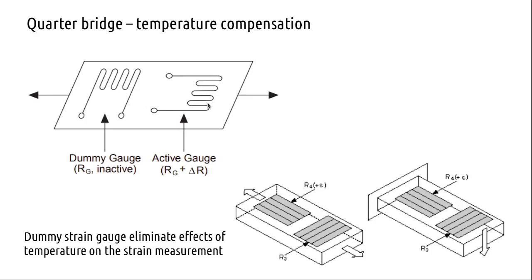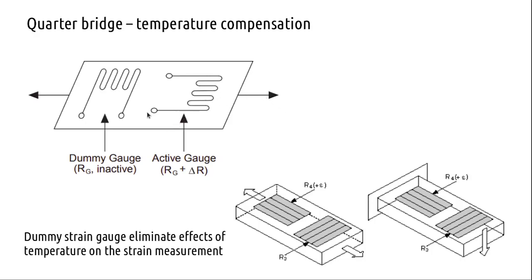In this case the active gauge is going to monitor the tensile strain along this horizontal direction. That is the direction of interest, the direction in which this member is being strained.